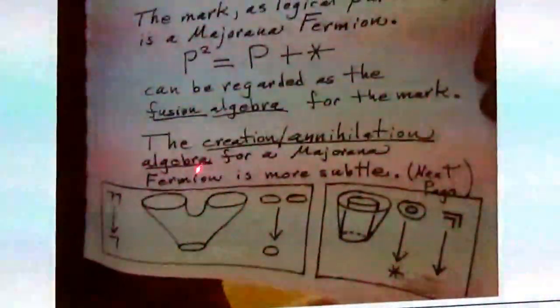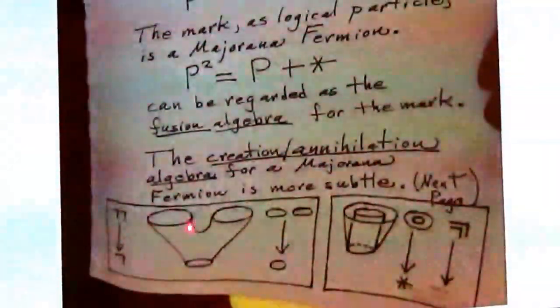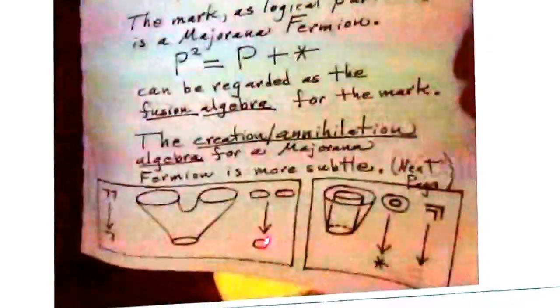The creation annihilation algebra for Majorana fermion is more subtle. Next slide. But we can draw a picture, we can look for iconic pictures. If you think of a little string, not string theory, but a little string interacting with another little string in the usual surface diagram, then you see that two adjacent strings go through a saddle point and end up as a single string.